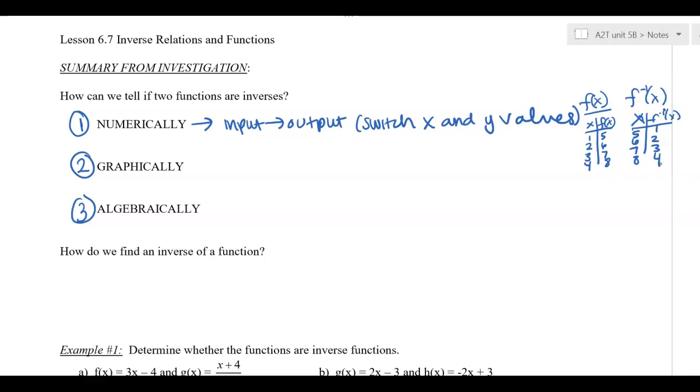the inverse function. Graphically, what you should have seen is that there is symmetry, specifically over the line y equals x.